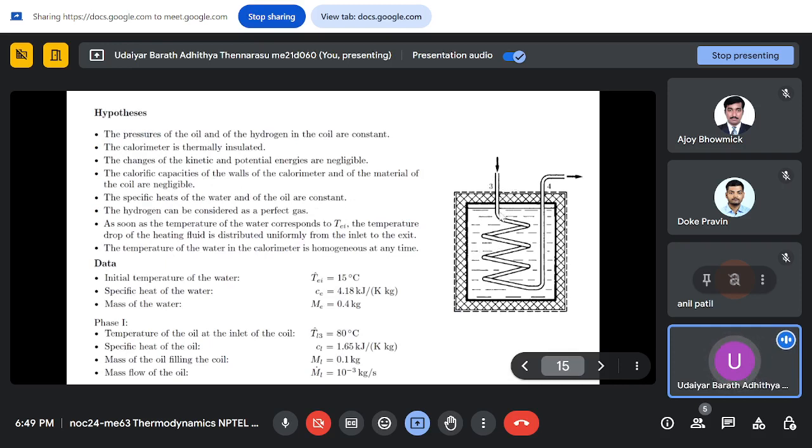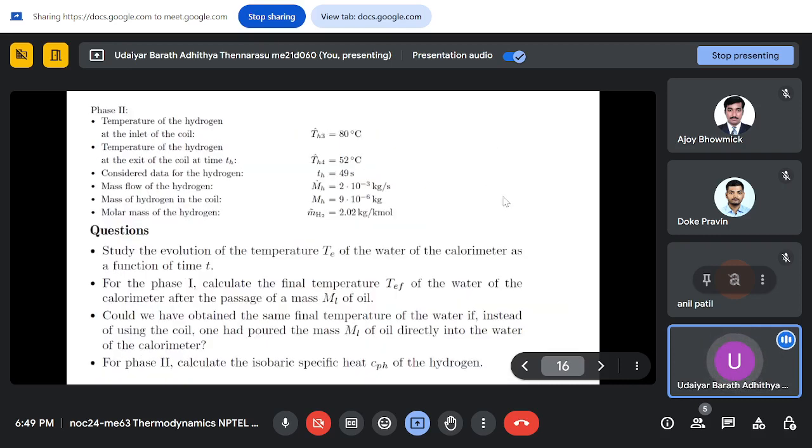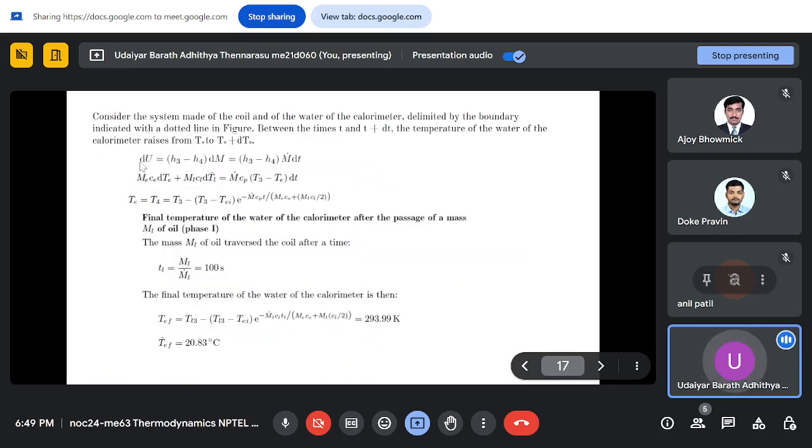So H3 minus H4, times the mass of fluid coming in, M, which will be constant for the oil. So M times the enthalpy at inlet minus enthalpy at exit will be equal to the change in the internal energy of the system.